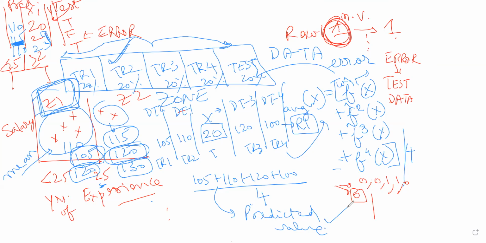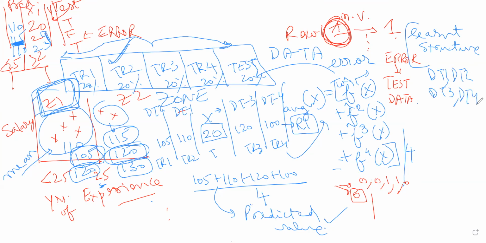Now, what are the steps we have taken? Step number 1, we broke the whole data set into multiple training data sets and one test data set. Then we have taken the learned structure of the decision trees, DT1, DT2, DT3, and DT4.